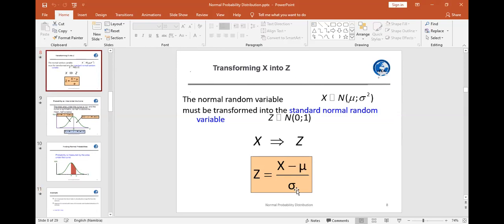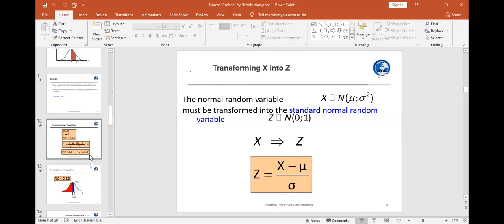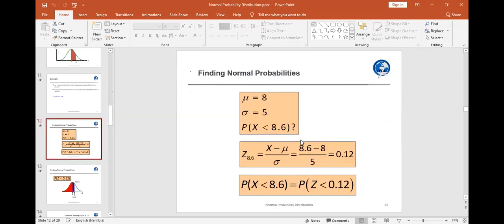This is 8, this is 5, this is 8.6. So it's just a matter of plugging that into your formula, then you get a Z score. So the probability that it will be less than 8.6 is 8.6 minus 8 divided by 5. So we get 0.12.